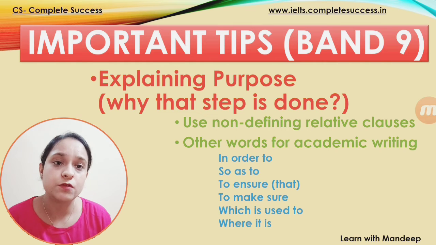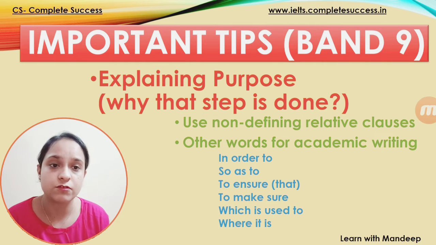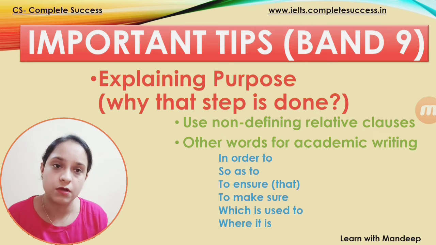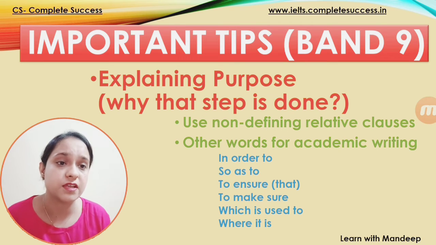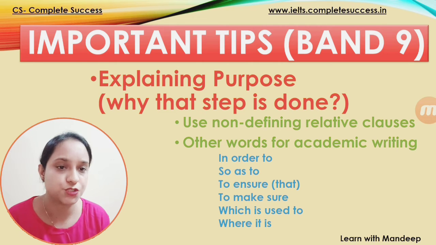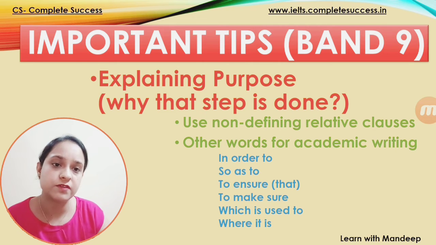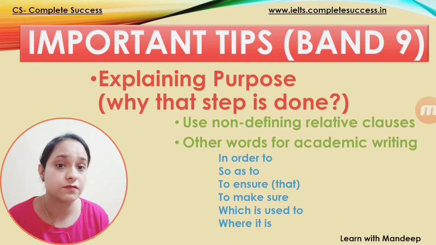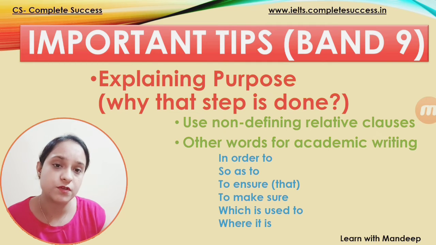For that you can use non-defining relative clauses starting with which, or you can use other words of academic writing like in order to, so as to, ensure that, to make sure. Which is used for non-defining relative clauses. Means you have to define why something is done.